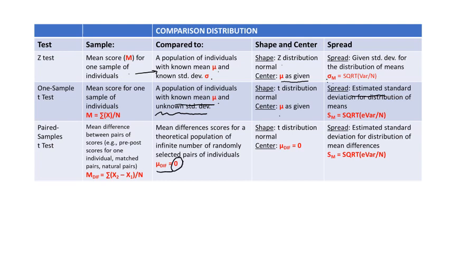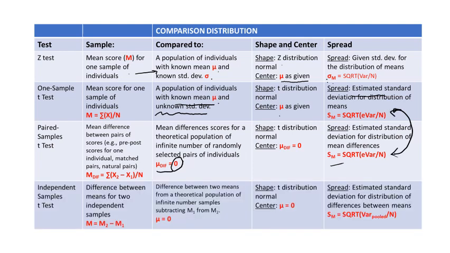Because if we just drew 2 random people out of the population, but didn't do anything to them in between, we just got a before score and an after score, but nothing happened in the middle. If we figured out the difference between their first score and their second score, some would do better the second time, some would do worse the second time, but they'd end up on average with a mean difference score of 0. Here we have the shape t-distribution, normal, center is 0, and we estimated the standard deviation in the same way.